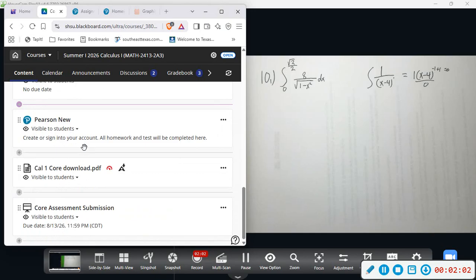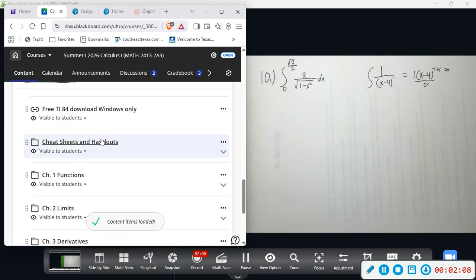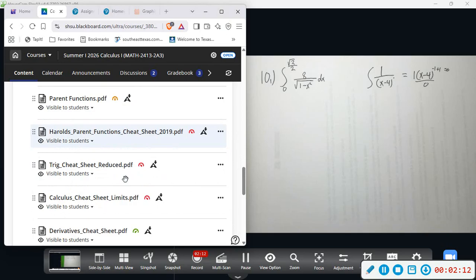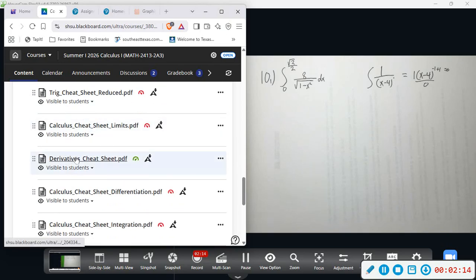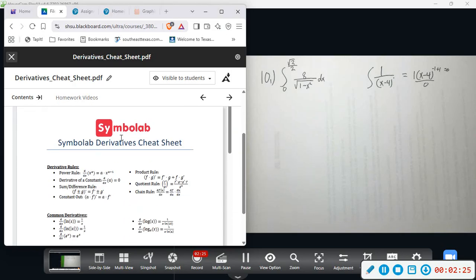So I am going to homework, cheat sheets and handouts, and then I'm going to go to the derivatives sheet, and I'm looking for, basically, this 8 is just a factor I can pull out, so 1 over the square root of 1 minus x squared, something to that degree.